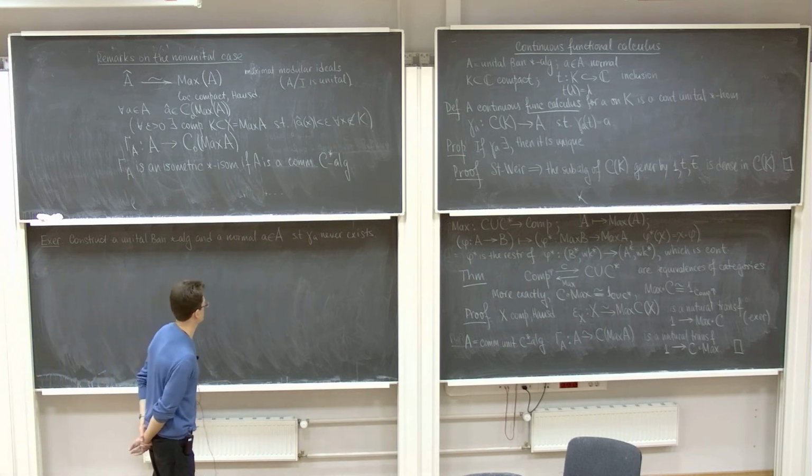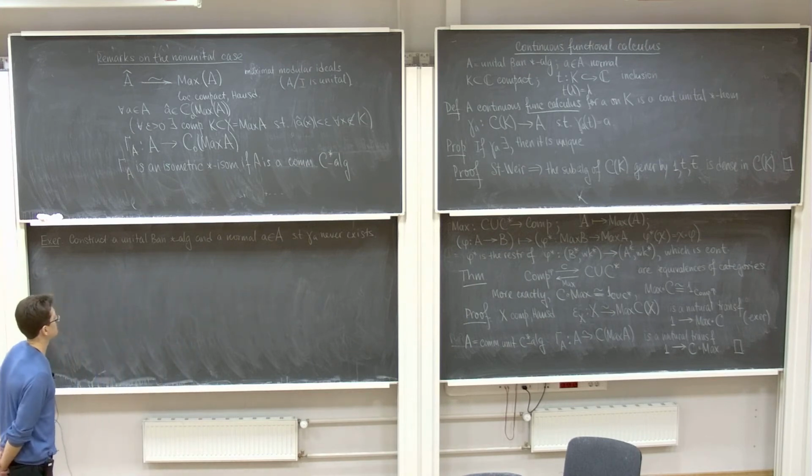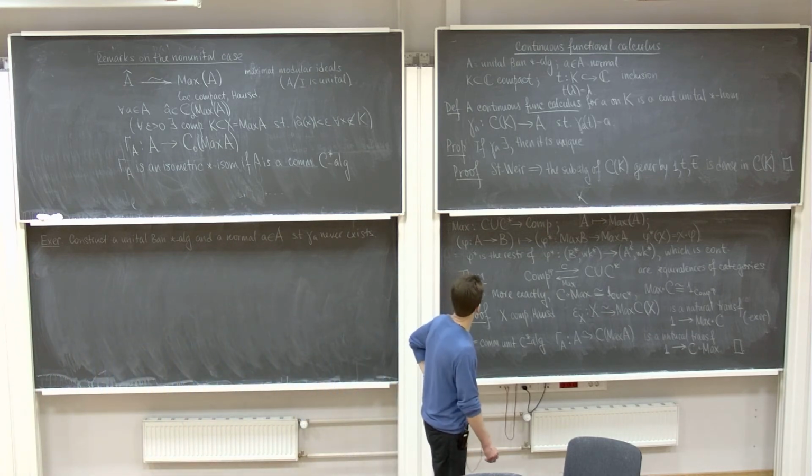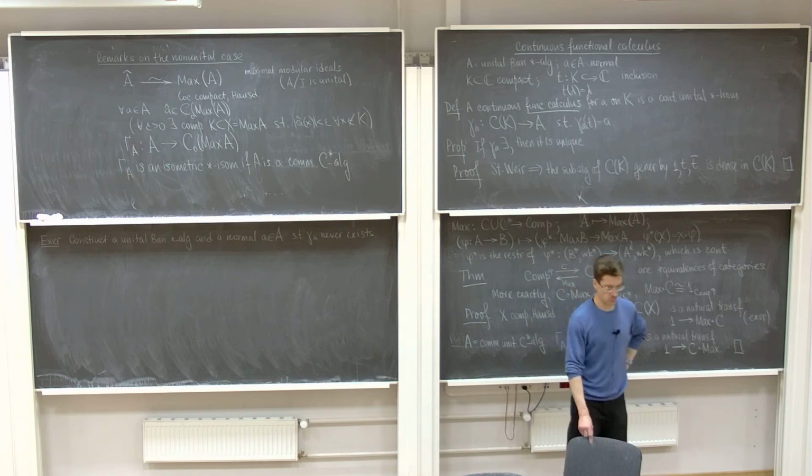So there is no compact set for which there is a continuous functional calculus. Okay, but it turns out that for C-star algebras, everything is okay.